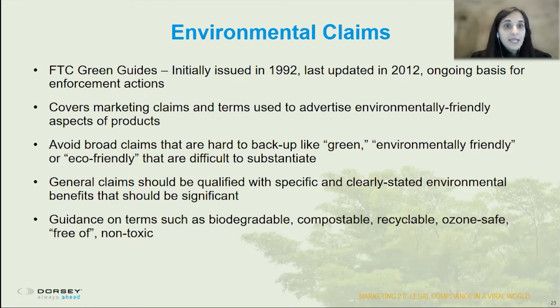If your teams are making green claims, environmental claims, take a look at the Green Guides. The Federal Trade Commission really does a good job in the Green Guides, even though they're outdated, to give you some good examples. They give you real world examples that you can look at and say, hey, I think that our claims are misleading, or I think they're good.